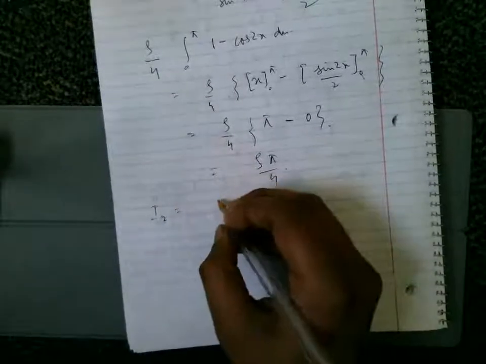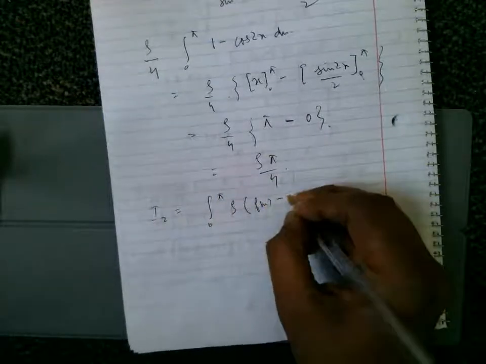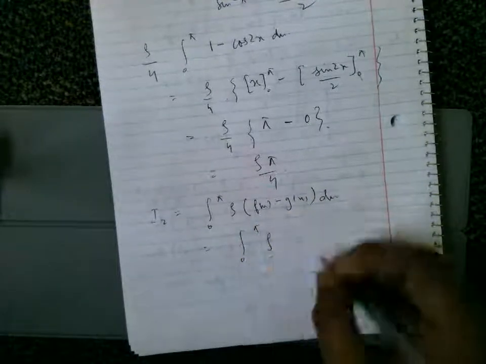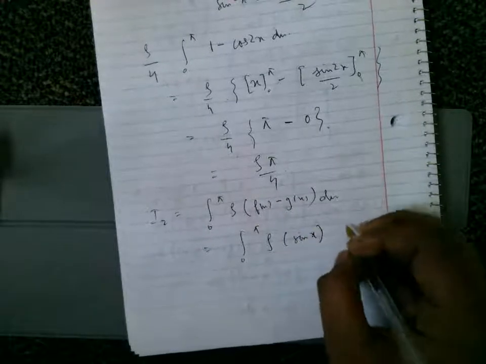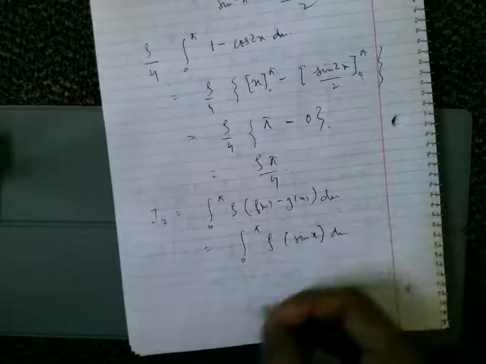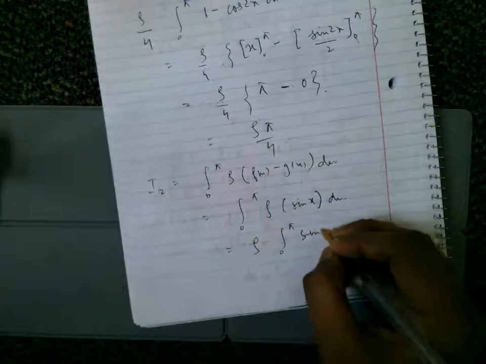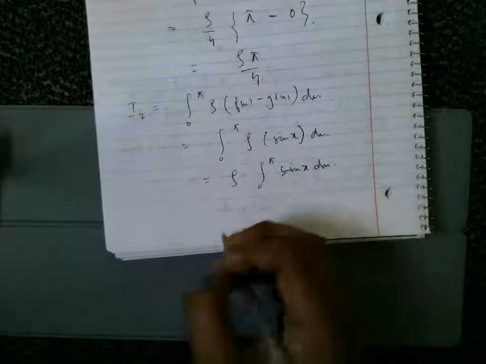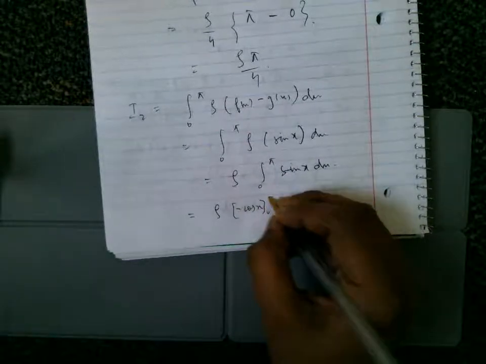Alright, and for integration 2, the integration in the denominator, we want to find out 0 to pi rho times f of x minus g of x dx. So this is equal to 0 to pi rho times, well, f of x is sine x and g of x is 0. So this is just rho times sine x dx. So this is equal to rho times integration 0 to pi sine x dx, and the integration of sine x is minus cos x from 0 to pi.